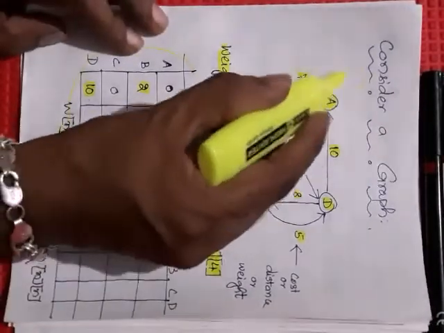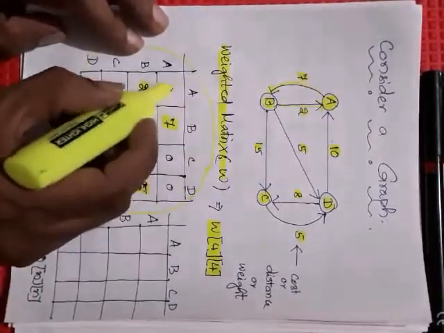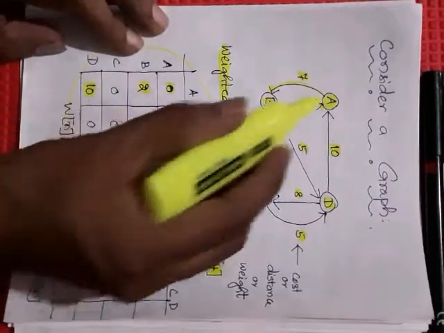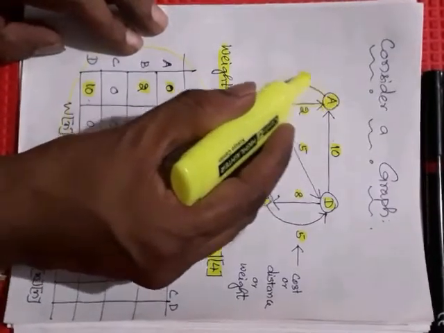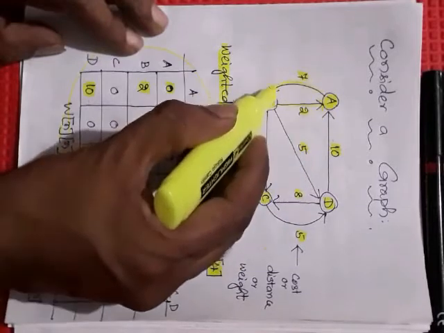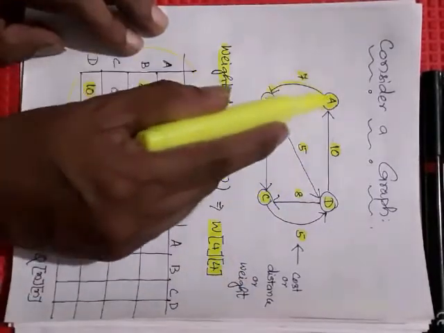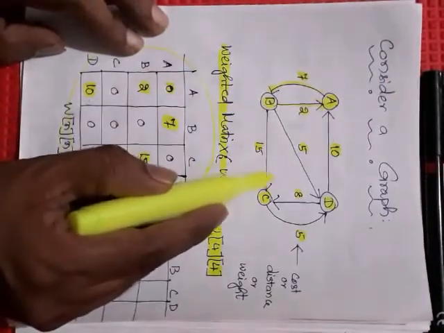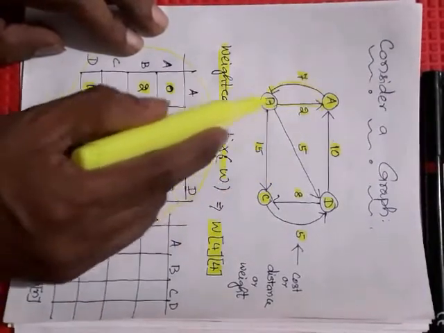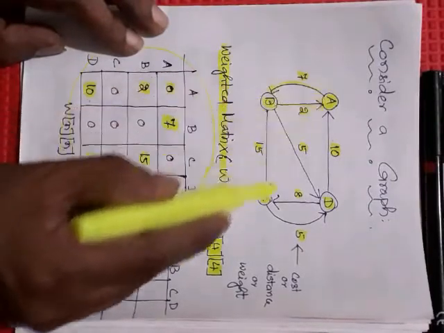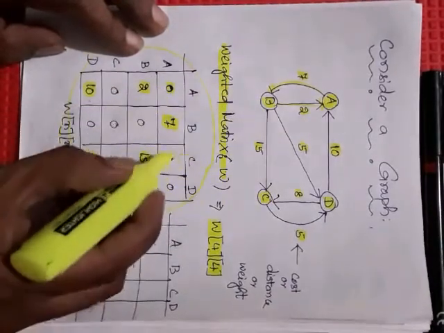So A to A there is no edge, so by default it is 0. A to B there is an edge, so the weight is 7. A to C, if you observe, there is no direct edge. By multiple edges you can go there, but a direct edge is not there. So A to C is 0.